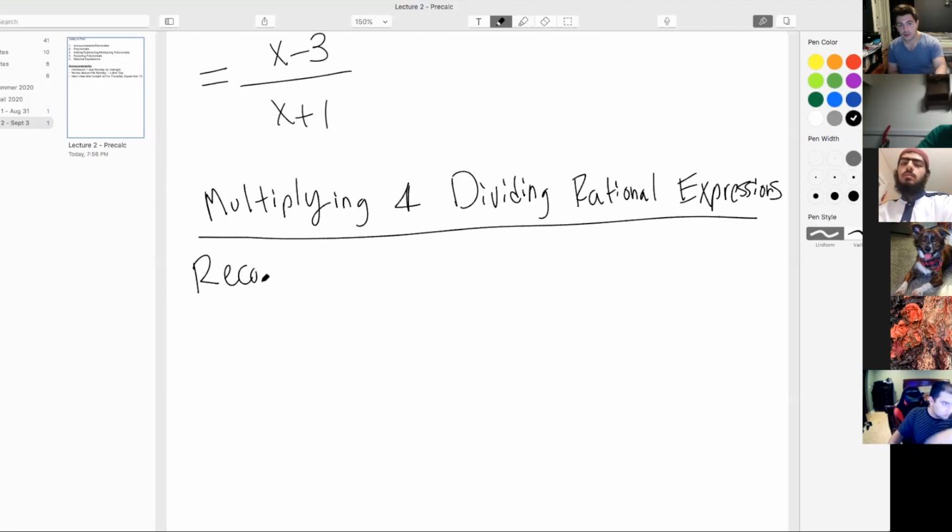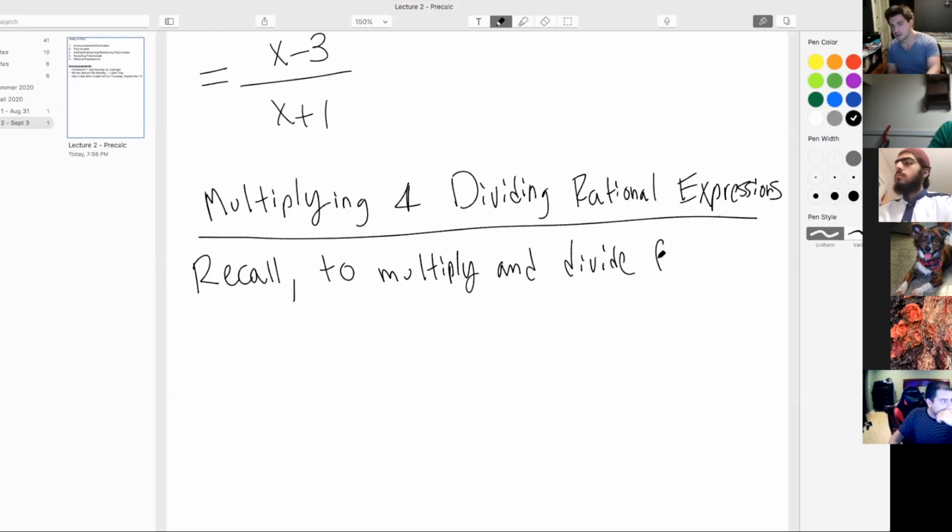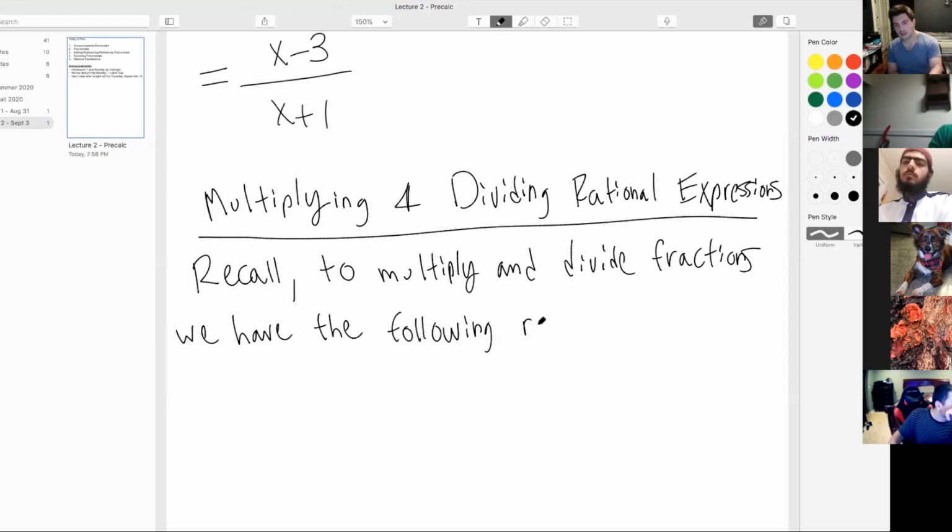So recall, to multiply and divide fractions, we have the following rules. One for multiplying.